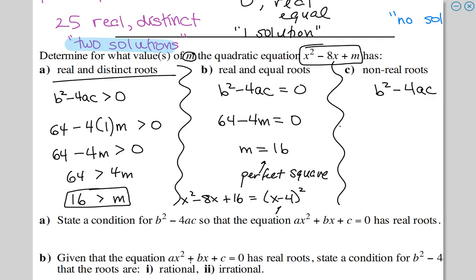So what are the roots of this? There's only one root, right? x equals 4. Okay. I'm just trying to show you that you have real and equal roots when you have a factoring that is a perfect square.